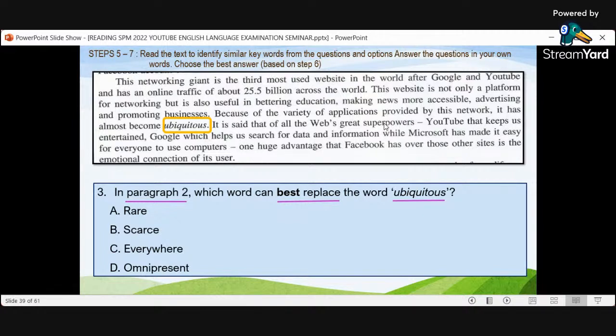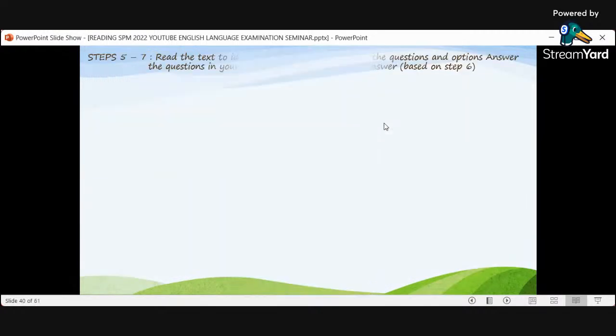Scarce also has the same meaning as rare. Okay, what it means here is it's always there for you to use. So it's everywhere. Okay, it's everywhere. That's the word. Omnipresent means something is there but you cannot sense it or cannot see it. Okay.